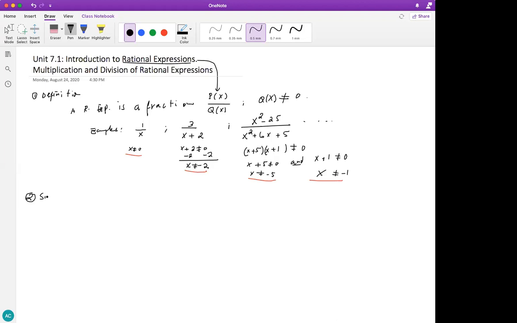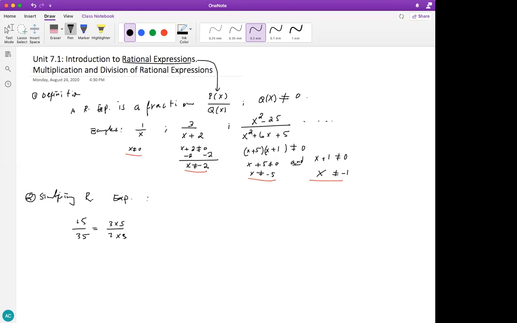Simplifying rational expressions. Just like with regular fractions, when we have, for example, 15 over, let's say, 35, this is a regular fraction. We can reduce it, right? We can turn 15 into 3 times 5, or turn this 35 into 7 times 5.